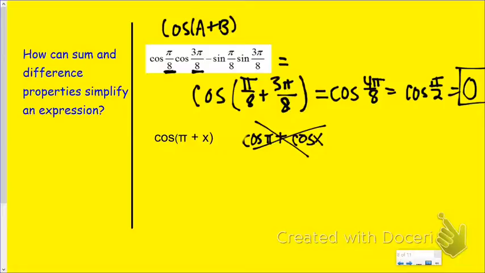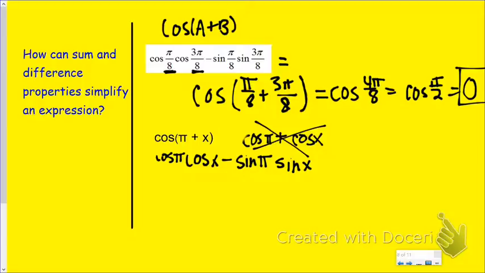So cosine pi plus x works out to be the cosine of pi. So this is, again, following cosine a plus b. We're following that same property, except my a is pi and my b is x. So this is cosine pi times cosine x minus sine pi sine x.